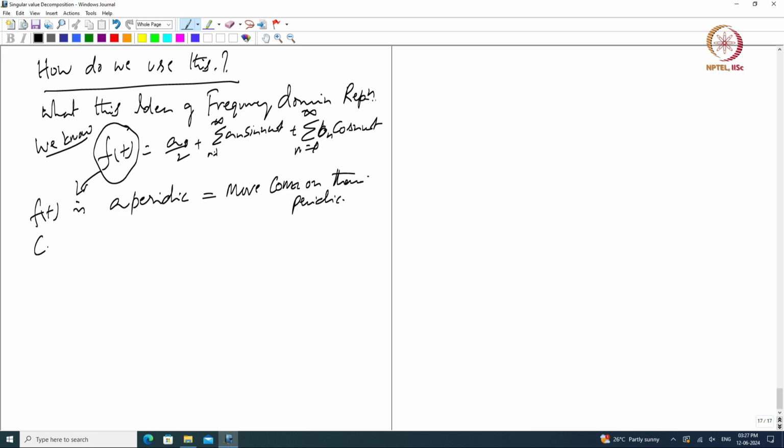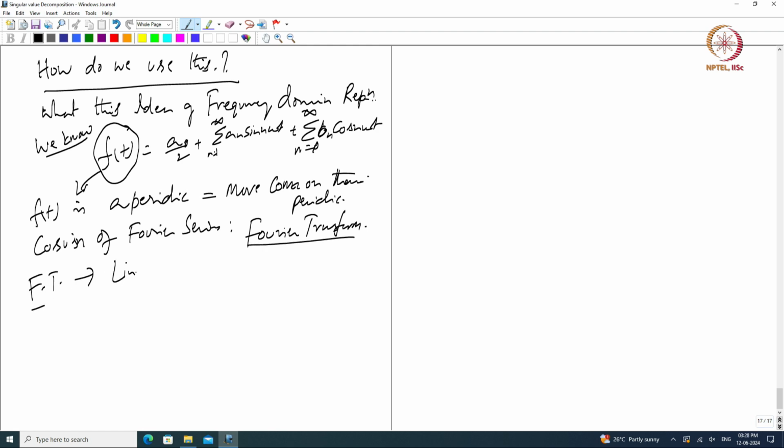We have a cousin of Fourier series, called the Fourier transform. This Fourier transform is also a linear transform, like what you have done.